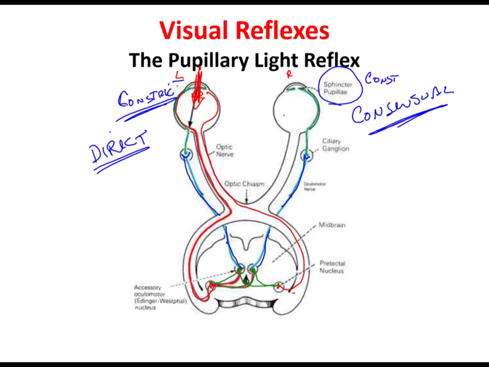The reason they do this is that they're looking for the integrity of the brainstem. Because if there's a major lesion affecting the brainstem, you lose the direct or the consensual or both of these responses. So it's a way for the paramedic or a physician to assess the integrity of the brainstem.